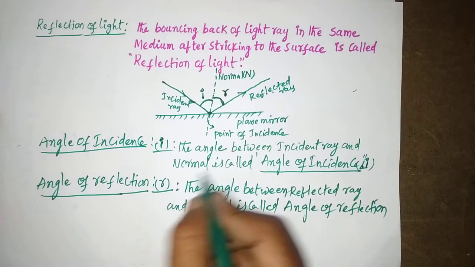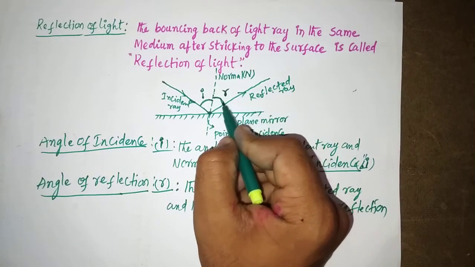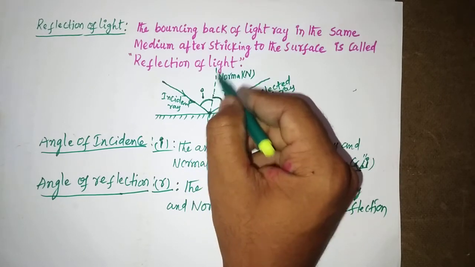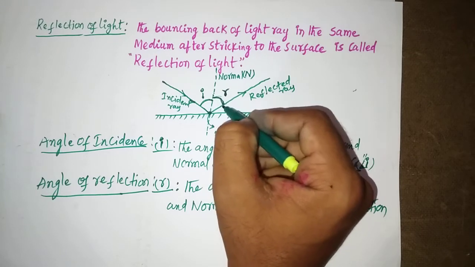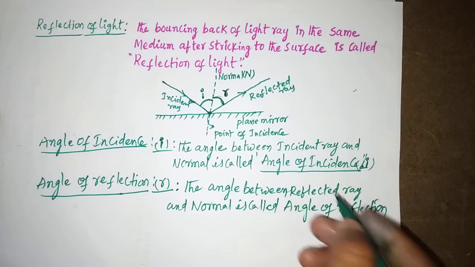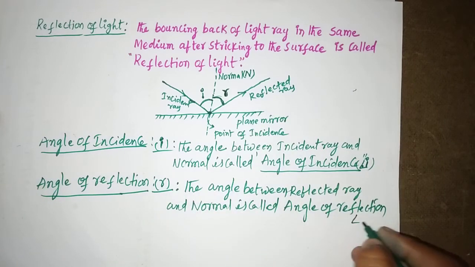Angle of reflection is nothing but the angle formed between the reflected ray and the normal. It is denoted with the letter R, angle R.